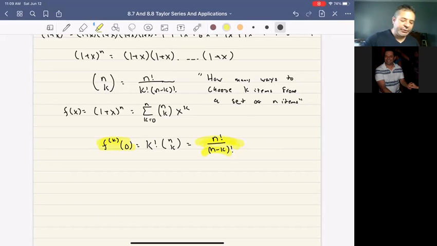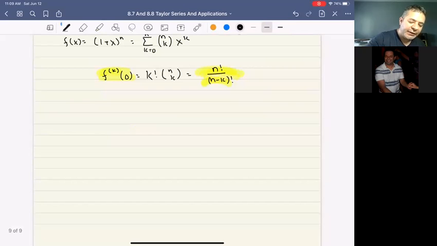So what we're going to do is say, okay, well, what about something like 1 plus x to the r, where r is no longer an integer?